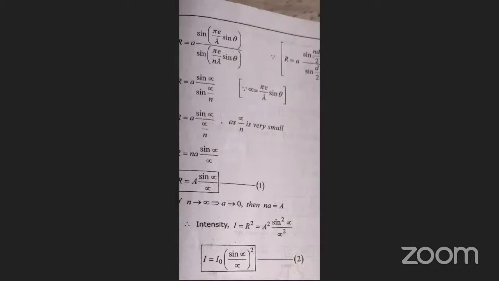Then R is equal to A into 1 minus alpha square by 3 factorial plus alpha power 4 by 5 factorial, and so on. Therefore, for maximum intensity, R maximum, alpha becomes 0. Initially, we took alpha is equal to pi e sin theta by lambda.